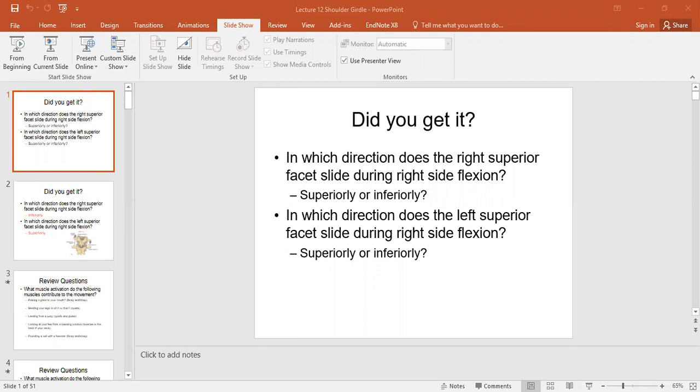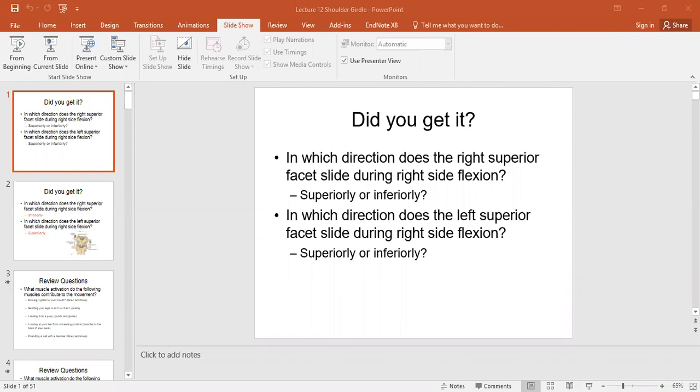So which direction does the left superior facet slide during right side flexion? Superiorly, right. So this is your basic arthrokinematics. If you get this about the spine, manual therapy is going to be oh so much easier for you. So it looks like the ipsilateral side is doing the same thing that it would do in extension because they slide inferiorly.